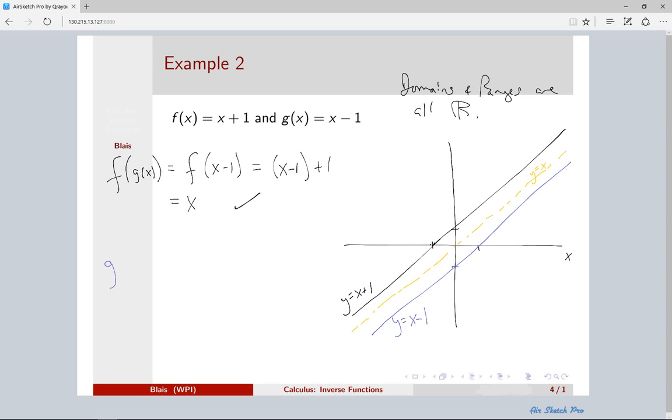Going the other way, g of f of x, so replace that f of x with x plus 1. And we plug that x plus 1 into the variable for g of x. So we get x plus 1 minus 1, or x. So again, we see that these are inverse functions.